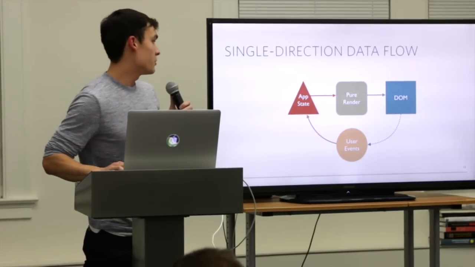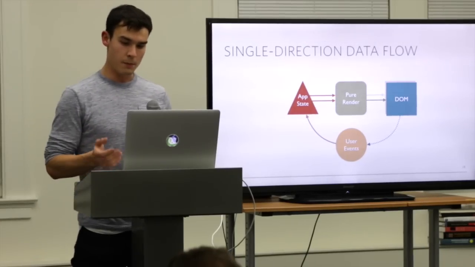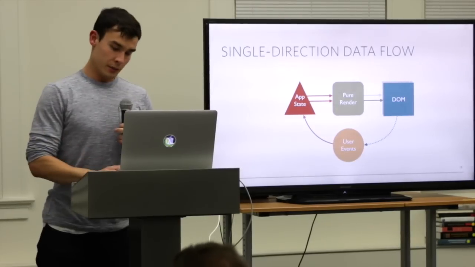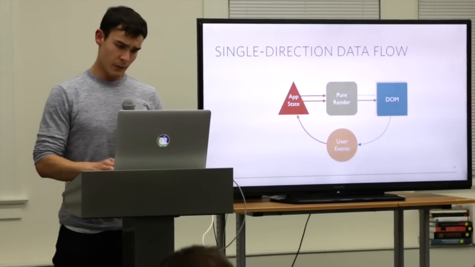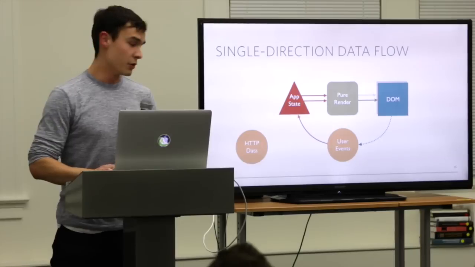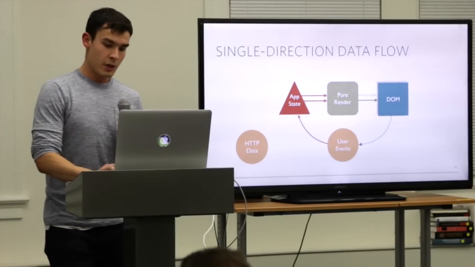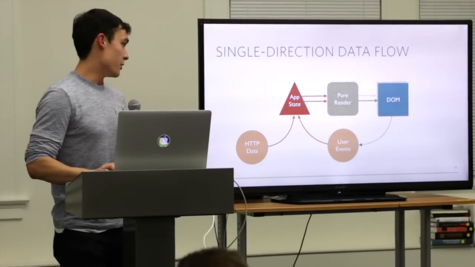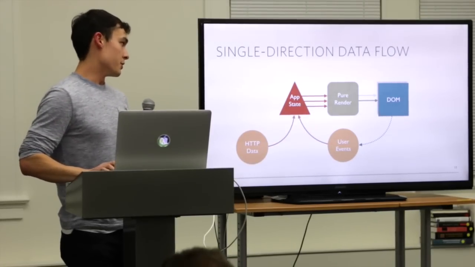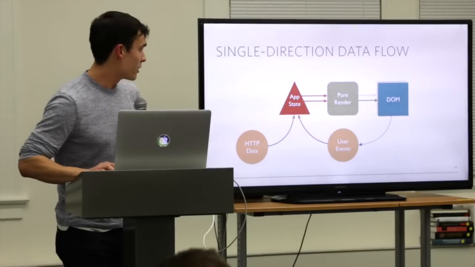When we produce a new app state, we can then rerun our pure rendering system, producing a new DOM output. This will probably look pretty familiar if you know about React. Another source of input that we have is network data. This can also trigger new app state, which would in turn cause a new re-render.